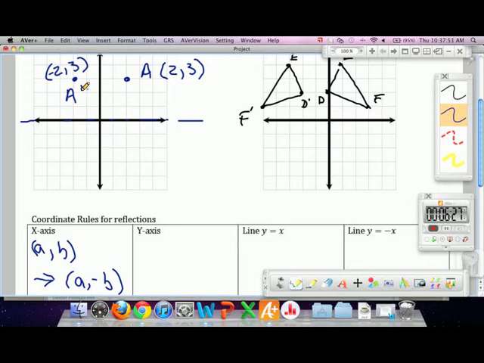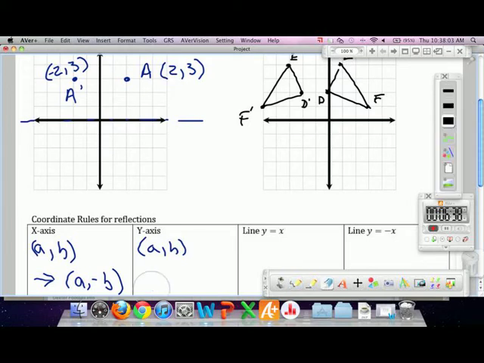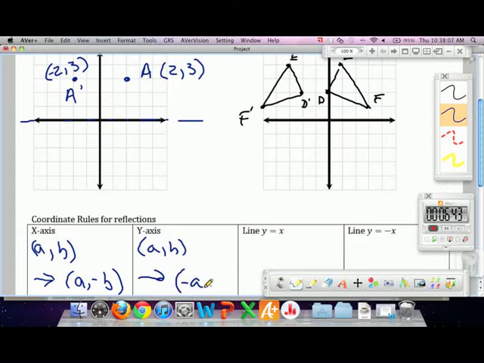So using that to motivate a rule, what's our rule for a y-axis reflection? A, B gets sent to the opposite of A, same as B. That's for a y-axis reflection.